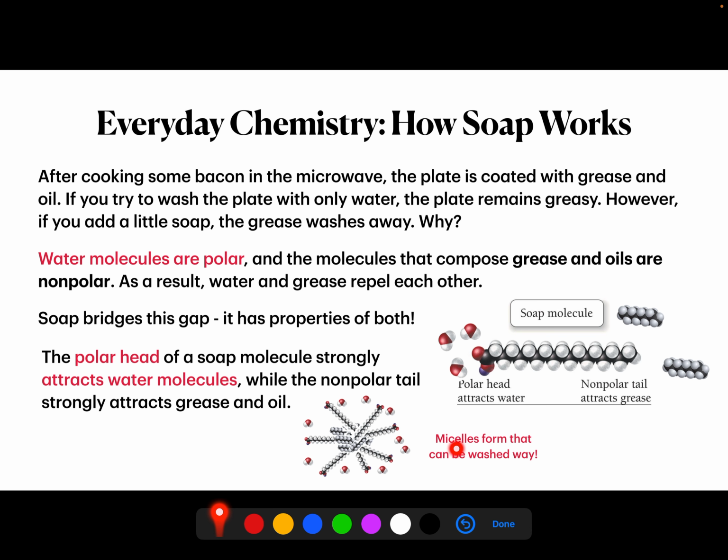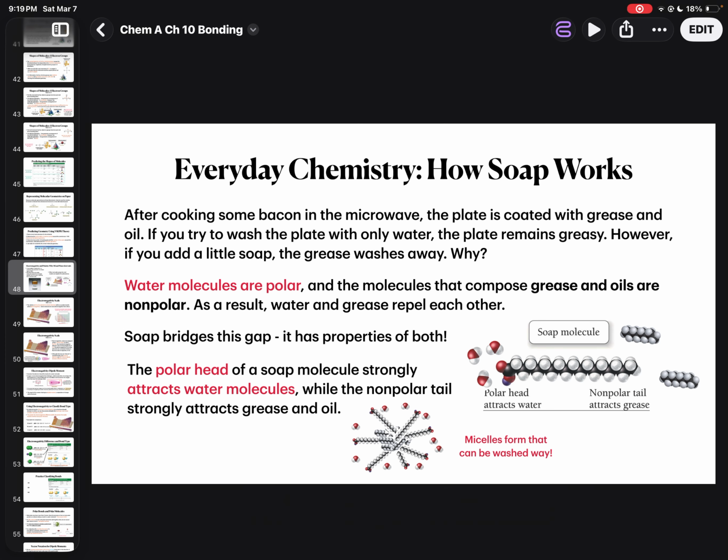Some of you may have heard this word micelles before. It's pretty common right now in facial cleansers and micellar waters for removing oils off of our skin. It's fun when biology and chemistry words end up in everyday language. All right, we did it.